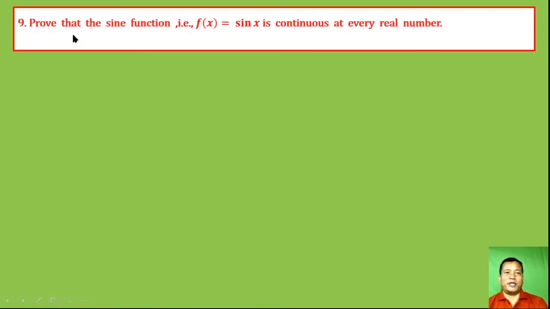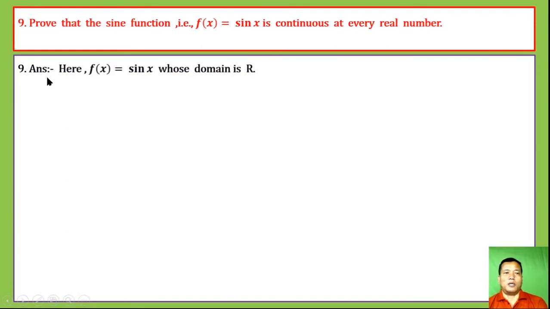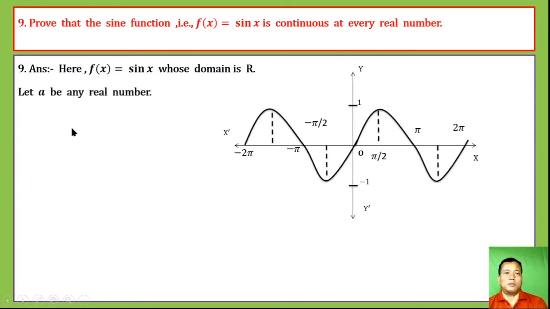9. Prove that the sine function, that is f of x equal to sine x, is continuous at every real number. Here, f of x is sine x whose domain is R. Let a be any real number.